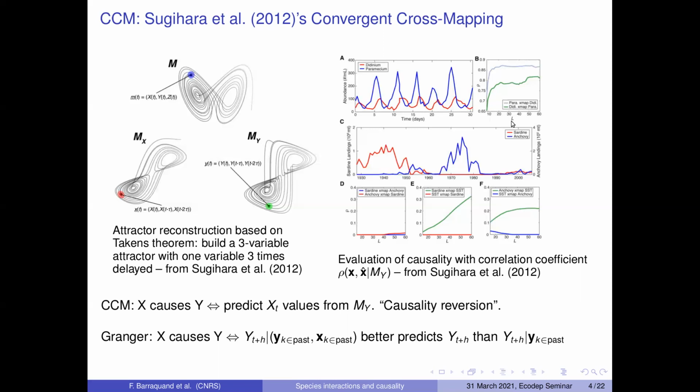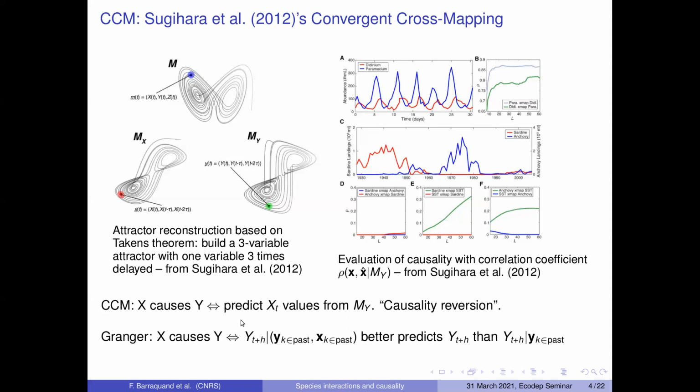So L here is the number of points on My that you use for the reconstruction, and it's called convergent cross-mapping because as you increase the number of points, you should see a convergence of this correlation coefficient. So in that case, because the correlation coefficients are both high, we conclude that paramecium causes didinium to fluctuate and didinium causes paramecium to fluctuate.